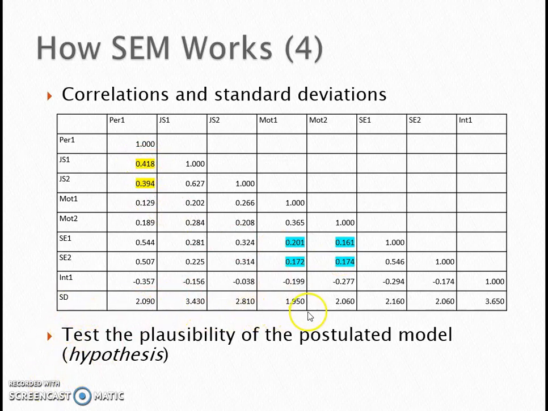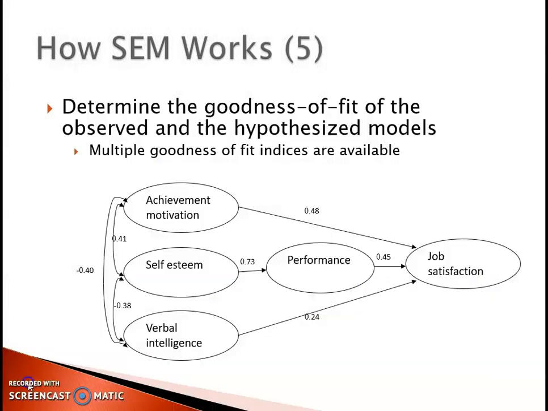And also you can see the standard deviation for all the variables in the dataset. Now, the rationale is that the observed matrix and the model-implied matrix should be equal or as close as possible to each other. With that, when you make those two comparable, you can estimate the values of the parameters.